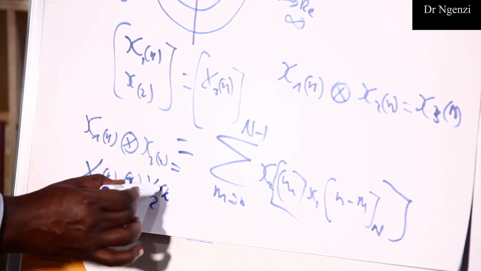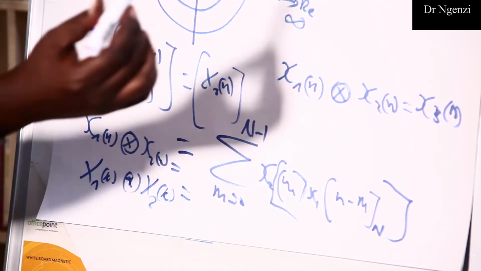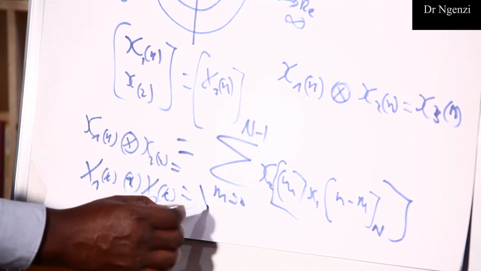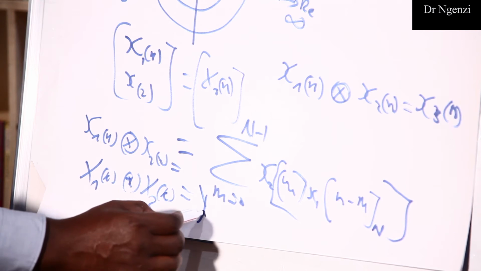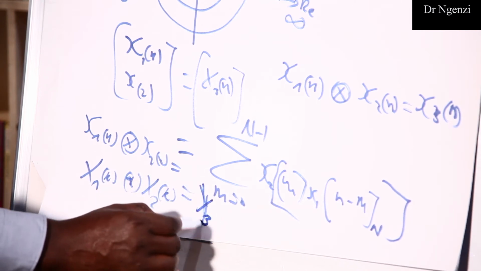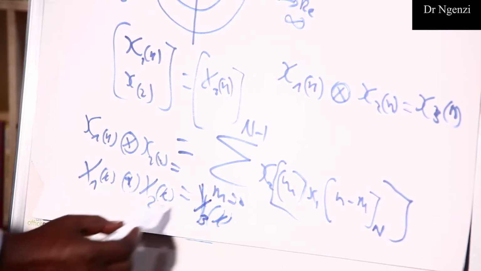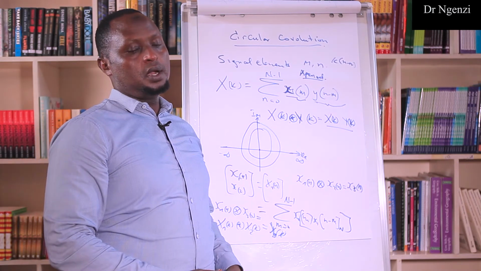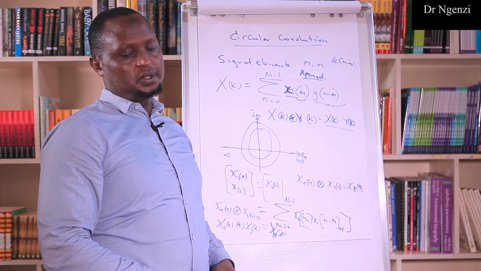Then you get y of k, or any resultant value, x3 of k in this case. This is the corresponding way you can obtain their frequency values.